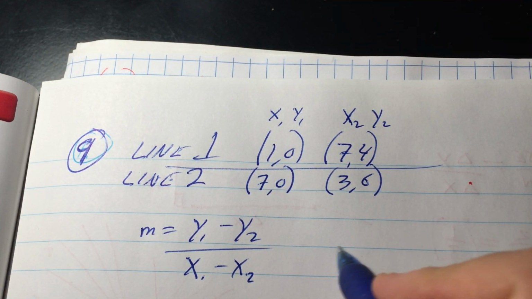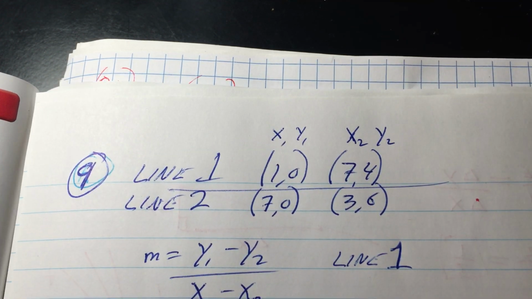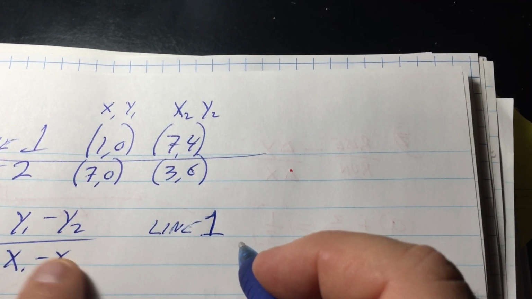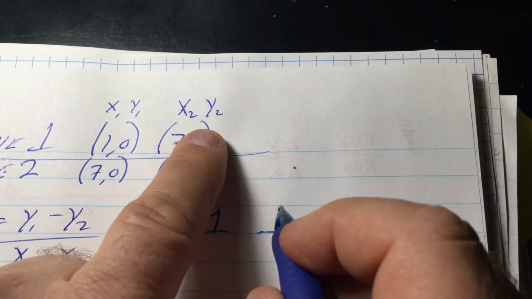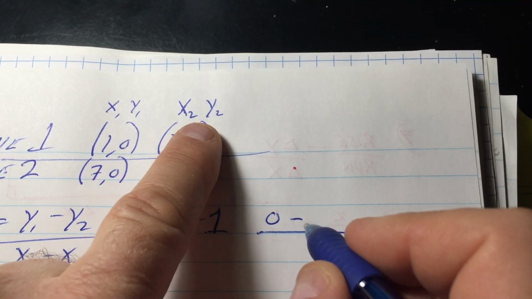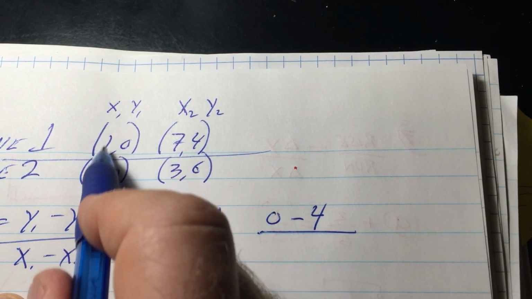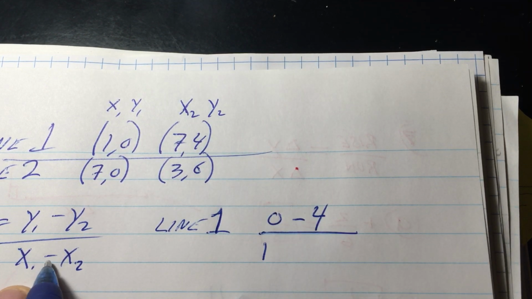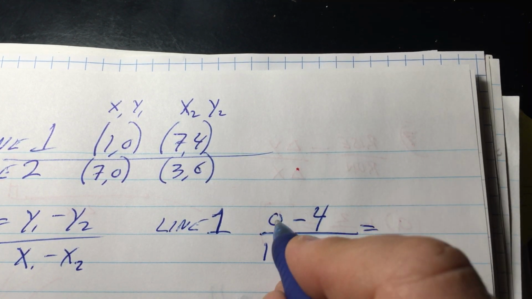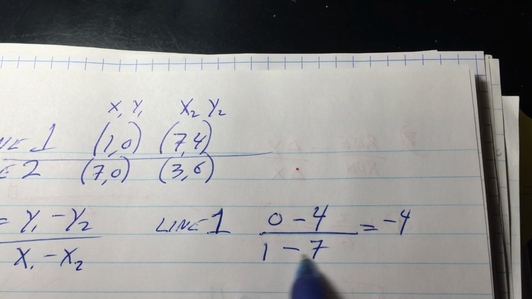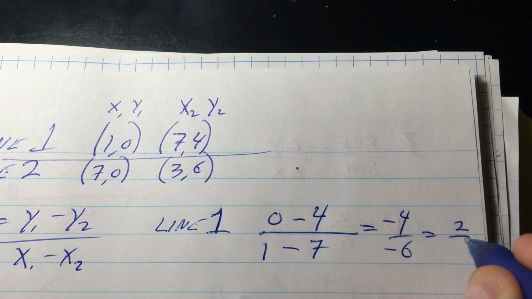So for line 1, the slope is: first value of y, 0, minus second value of y, 4, over first value of x, 1, minus second value of x, 7. 0 minus 4 is negative 4. 1 minus 7 is negative 6. That simplifies to a positive 2 over 3.